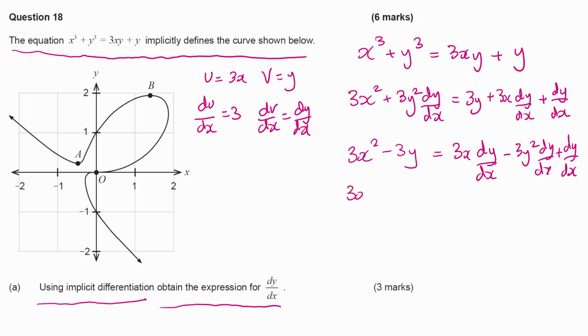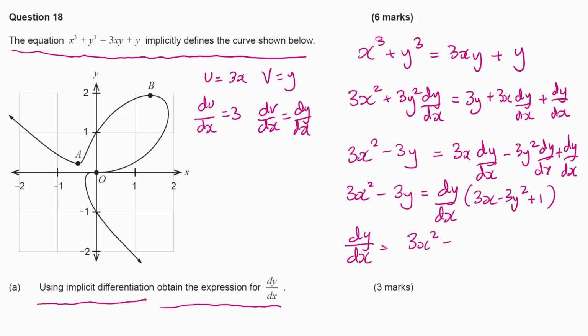And then we can factorize, so we've got 3x squared minus 3y equals dy/dx into 3x minus 3y squared plus 1, and therefore dy/dx is equal to 3x squared minus 3y over 3x minus 3y squared plus 1.